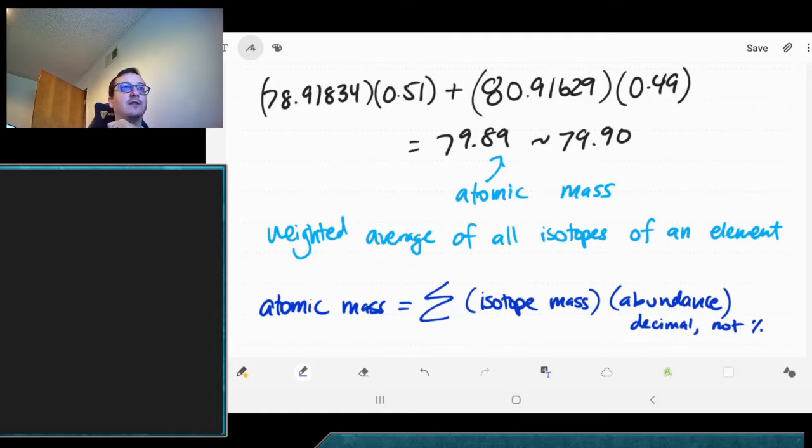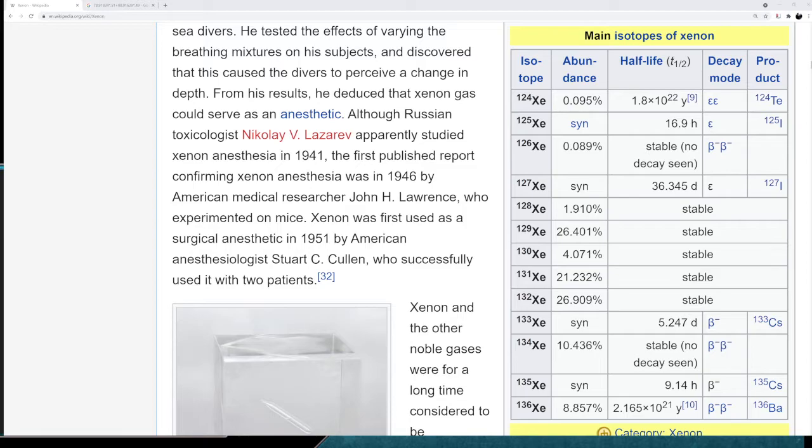And so for something like, let's see, let's choose an element. How about xenon? Let's see, how many isotopes does xenon have? Hopefully more than 2. Oh, wonderful. Tons of isotopes. Okay, back to Wikipedia. Looking at xenon, look at all these isotopes we have. We typically don't deal with synthetic ones. We only deal with natural ones because we're looking at natural isotopes of these things.